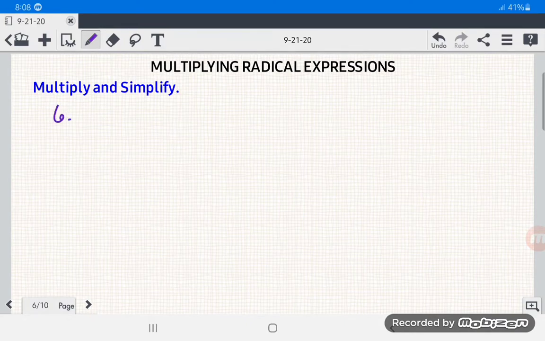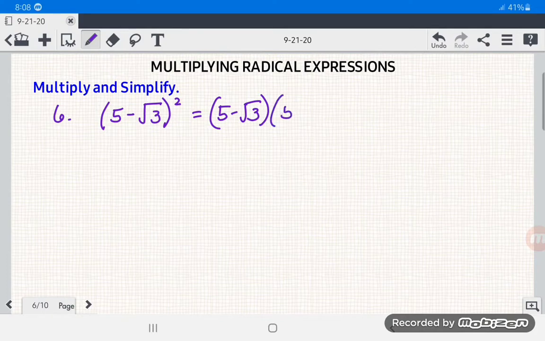Next, number 6. Let's say, for example, we have 5 minus square root of 3 squared. Meaning, this is equal to 5 minus square root of 3 times 5 minus square root of 3.